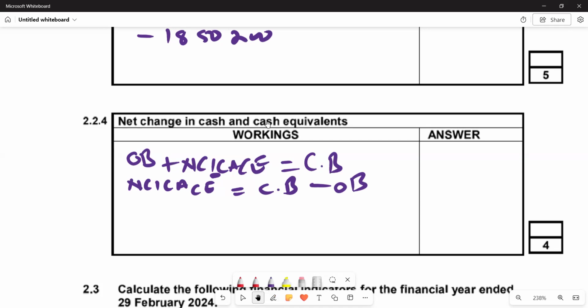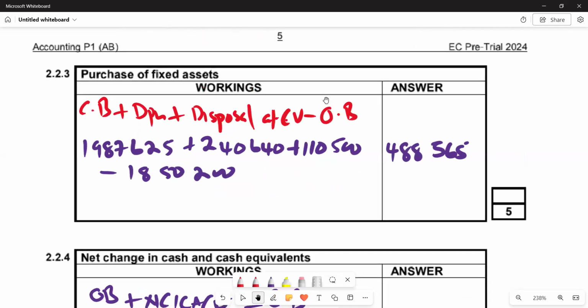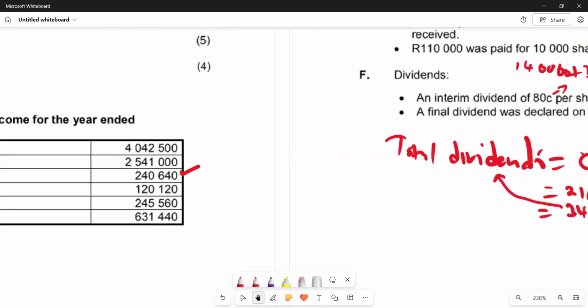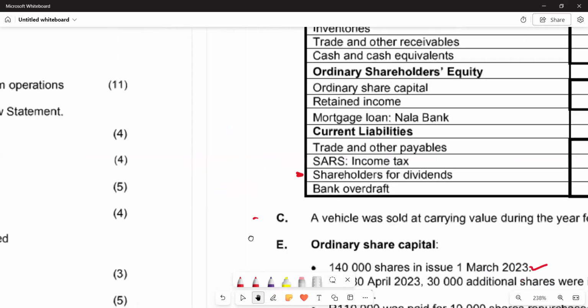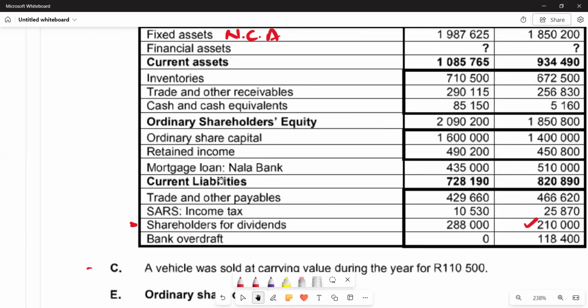So we're going to check the closing balance. Cash and cash equivalents, we see that is here.